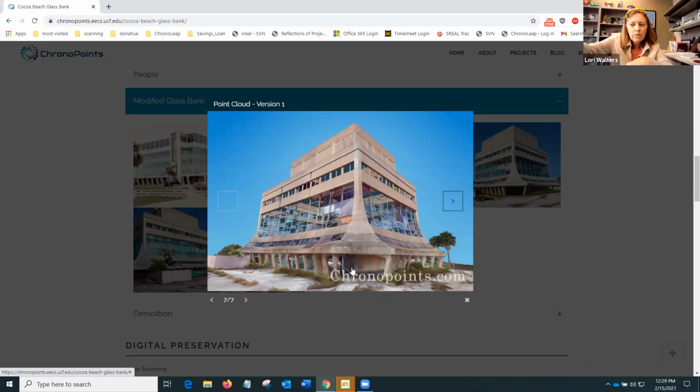So as a result, I have to have the scanner in several spots. And with the glass bank, this was a little challenging because we had to scan everything on the outside. So we had to do a circle around the bank, but then we also had to do a circle underneath these arches because we couldn't see what was on the other side of the arches sufficiently if we only did that circle around the building.